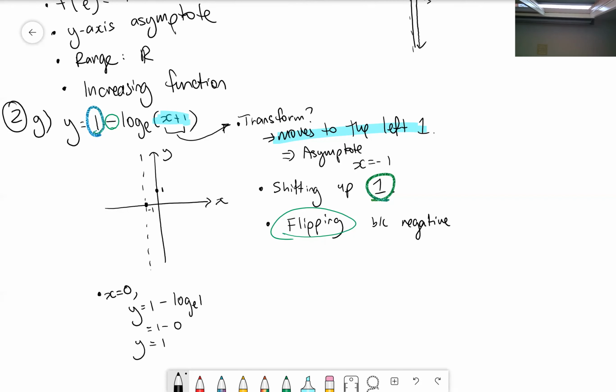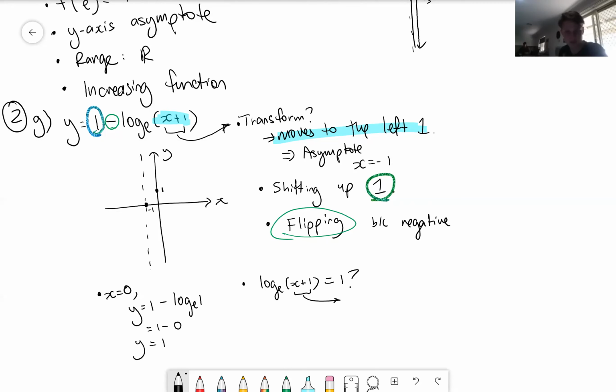Okay. What about when will log e of x plus 1 equal 1?